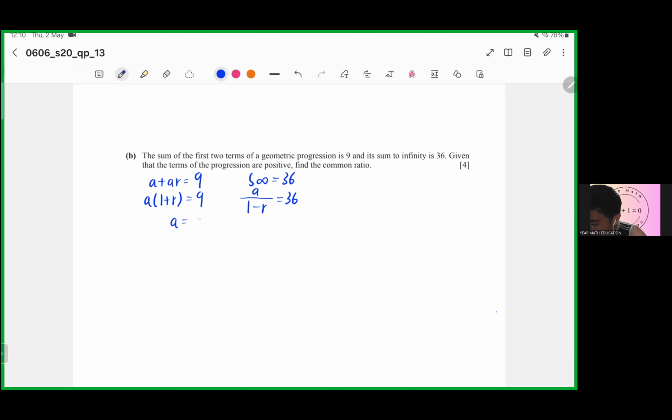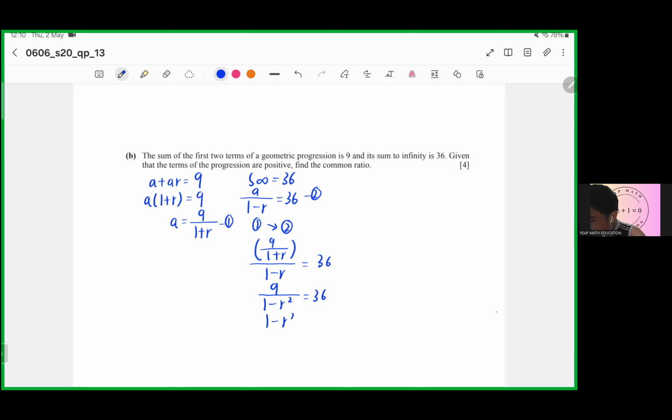Okay, now we can let a equal to 9 over 1 plus r. So this is first, this is second. So we take the first and put it into the second equation. 9 over 1 plus r, over 1 minus r, equals to 36. So 9 equals to 1 minus r squared times 36.